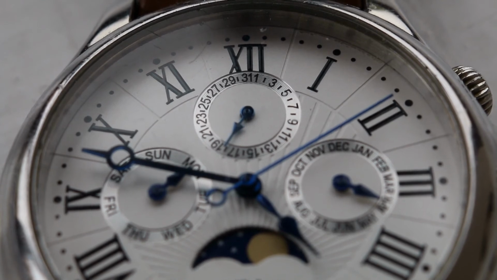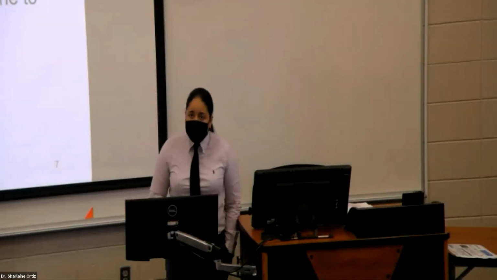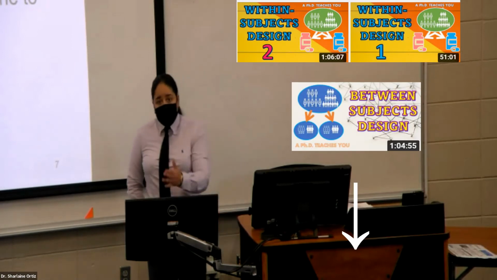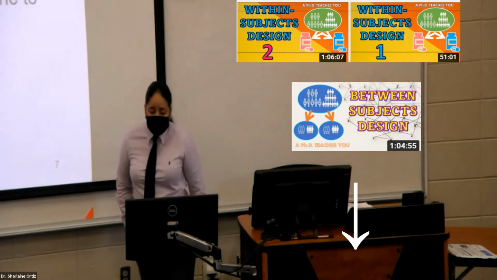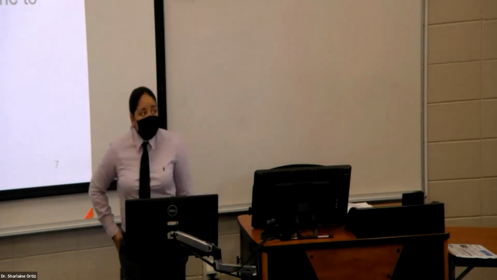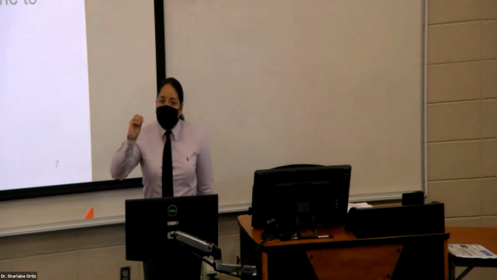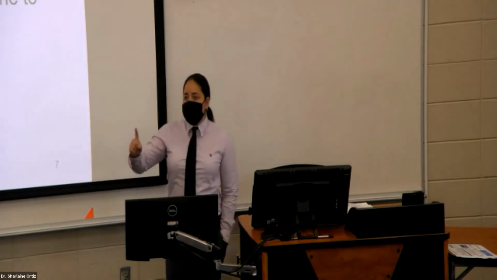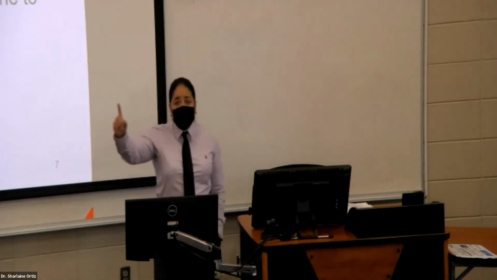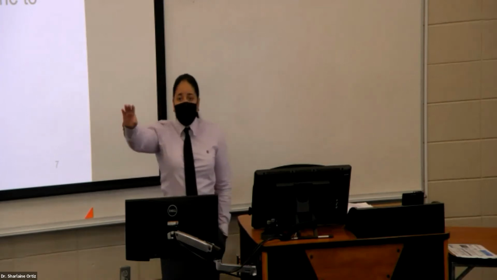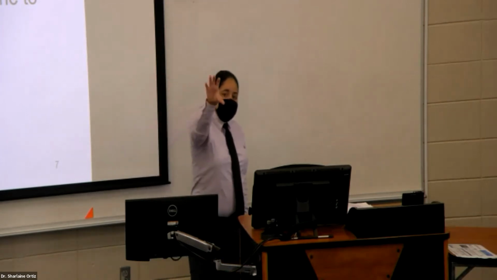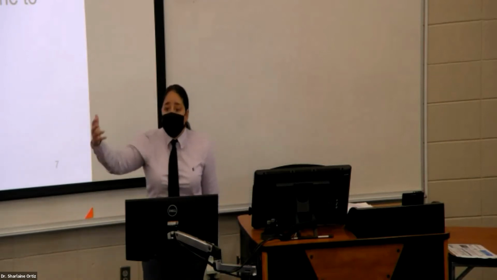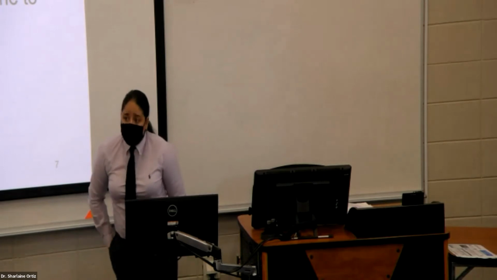In previous lectures, which I'm also going to have linked in the description below, and for those of you who are in class, those lectures are already posted under your class's Canvas. In regards to the within subjects design, one of the limitations that we had is that because I'm using the same people to observe group 1, group 2, and group 3, we deal with validity threats because I am observing the same group of people.